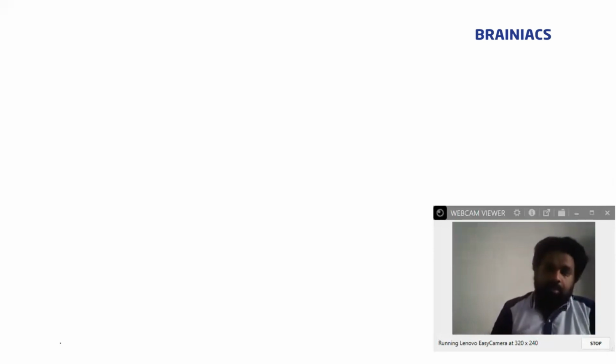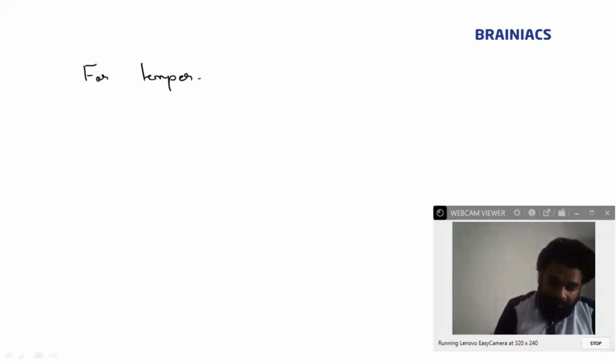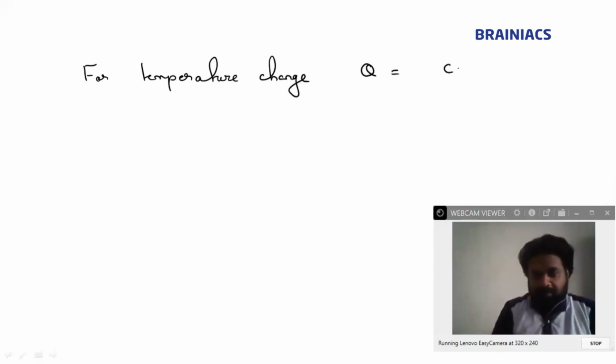Now, the concepts and formulae which we need to use are what? When there is a temperature change for a body, the heat required is called the specific heat.